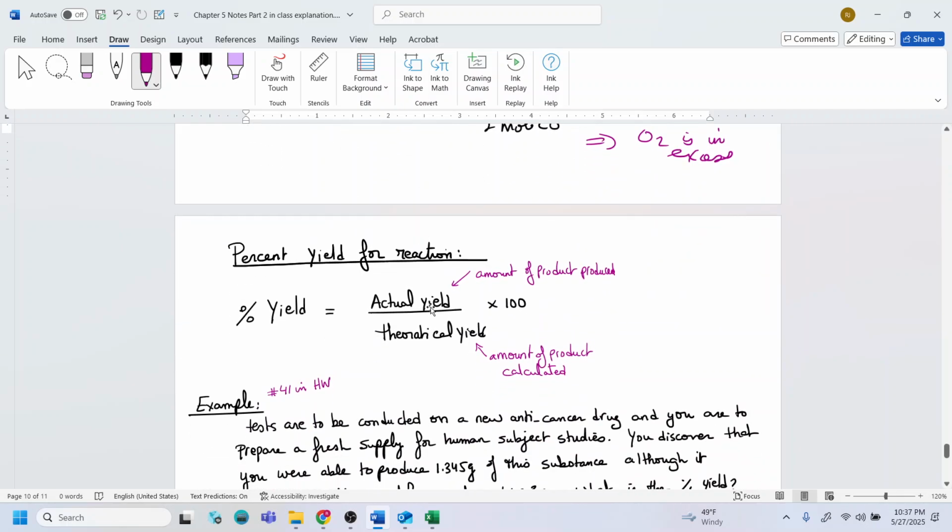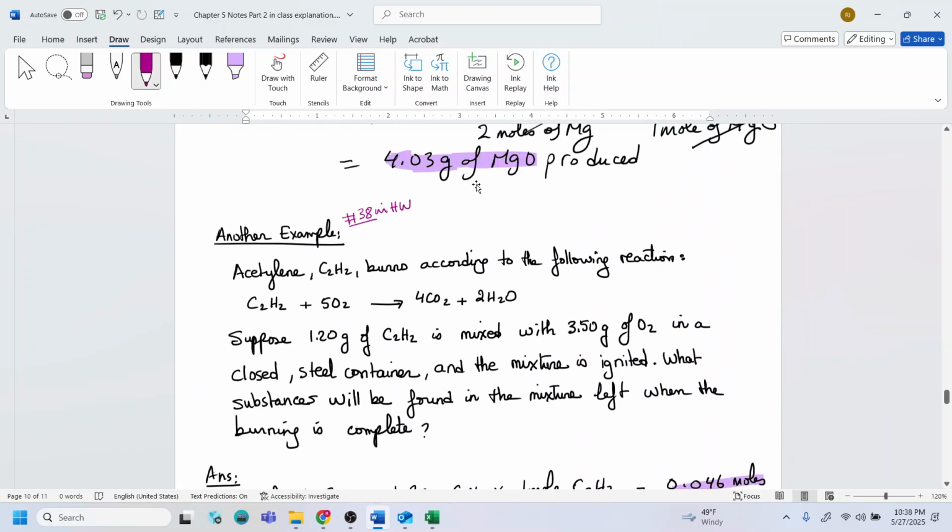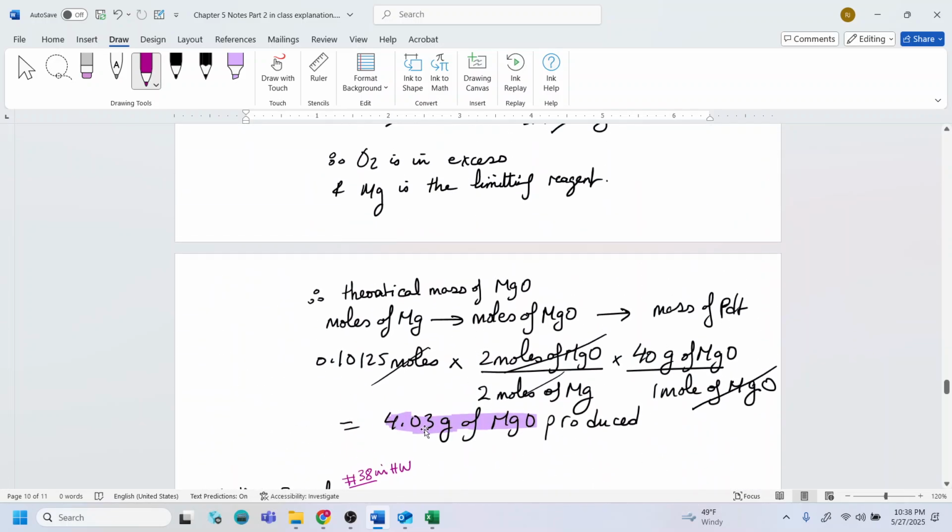So when you find the theoretical yield, and you already have the actual yield, you can calculate the percent yield of the reaction. So the theoretical yield is the mass that we already were finding in the product. So for example, whatever mass we got in this example, that was the theoretical yield.